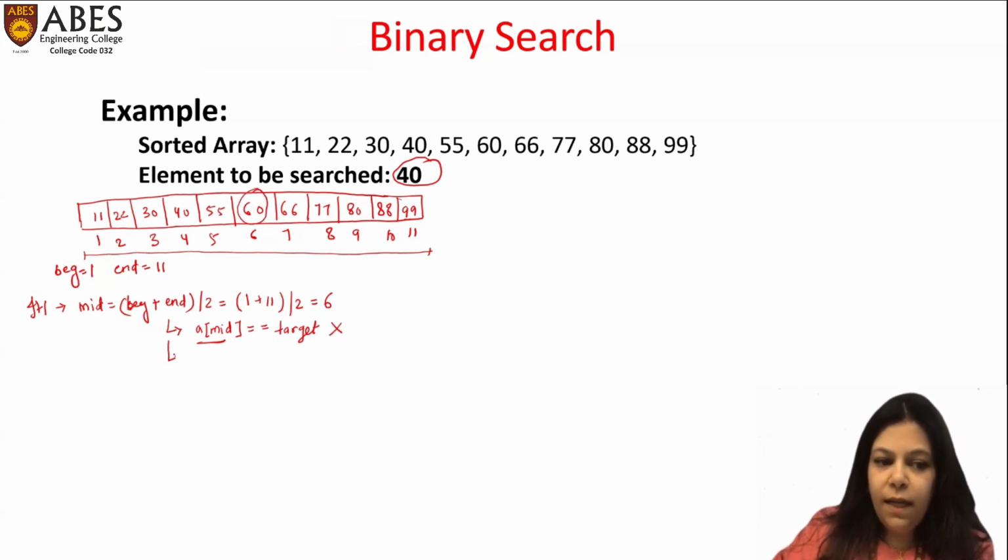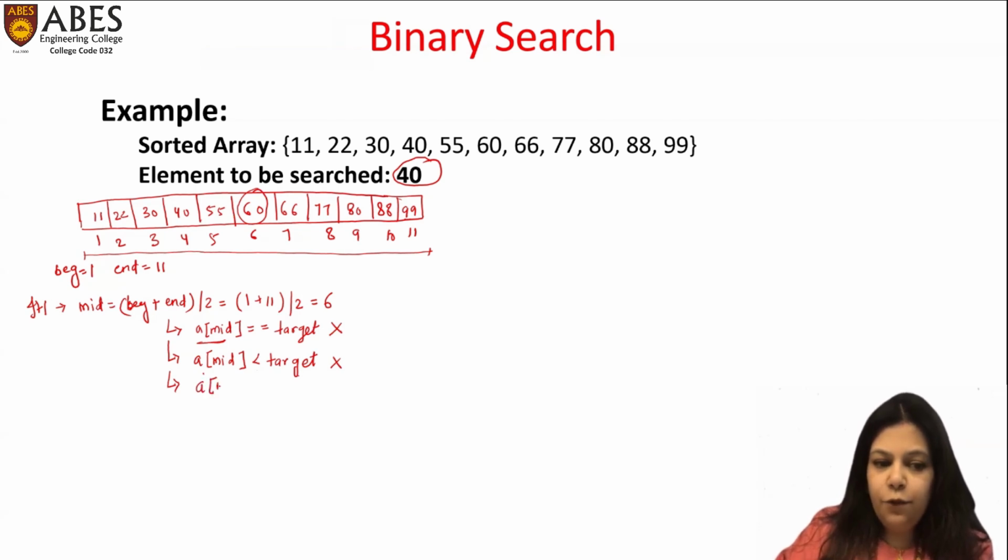So we will move on to the second case, wherein we check whether the value of A mid is less than the target value, right? If it is less than the target value, we will shift the beginning variable. But as you can see here, A mid is 60, which is not less than target. So this case will also not be true for the first iteration.